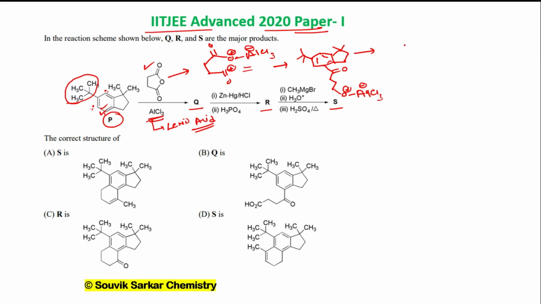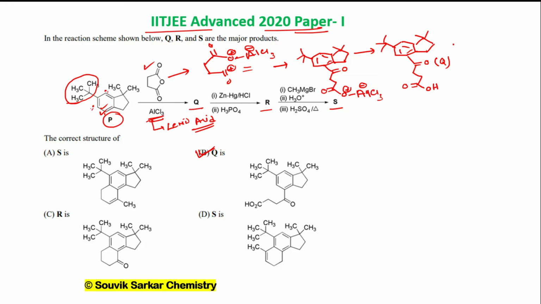By the following hydrolysis, it will form this corresponding compound. And here we have another carbonyl, so it will form one carbonyl and OH. So this is our compound Q. So this is the option B. This is our Q. So this is one of the right options.